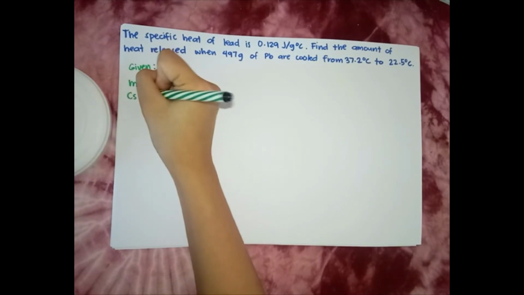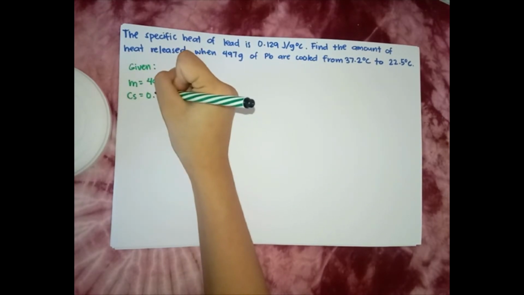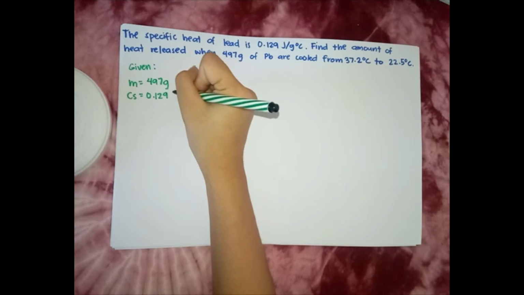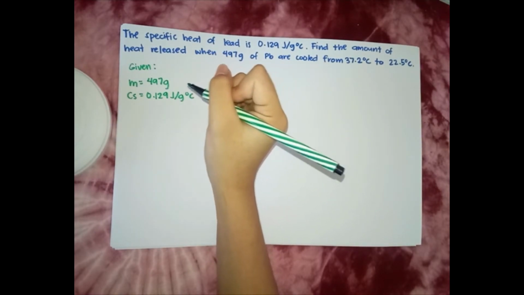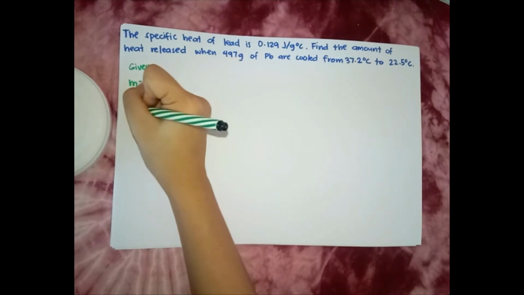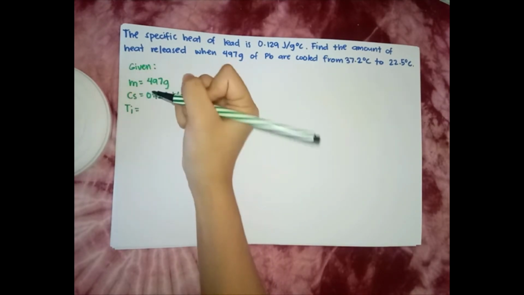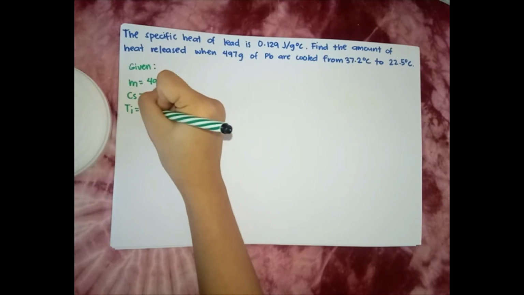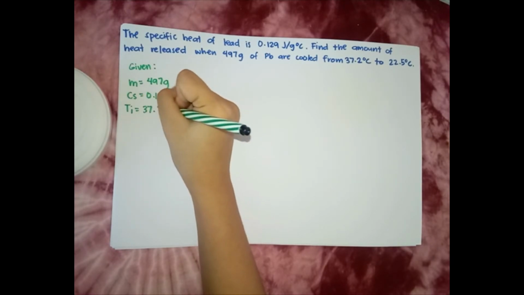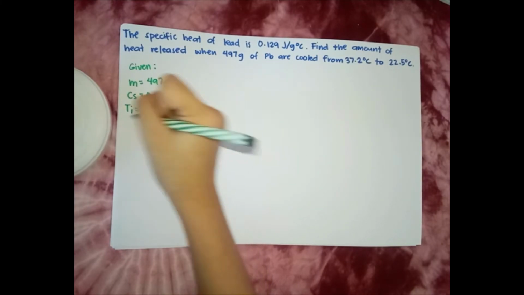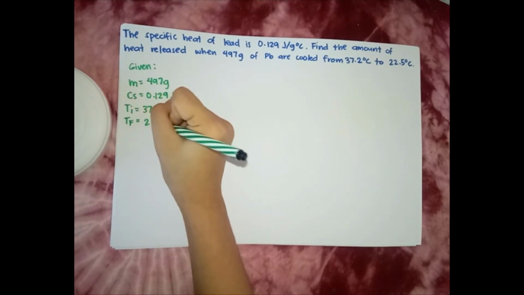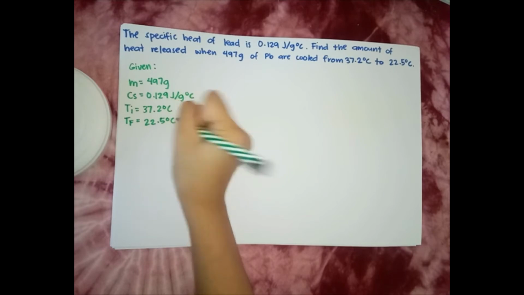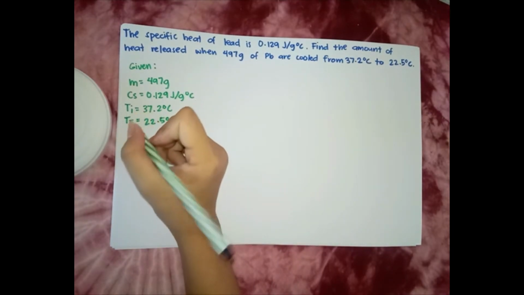and we have here the specific heat, which is 0.129 joules per gram per Celsius, and the initial temperature, which is 37.2 degrees Celsius, and the final temperature, which is 22.5 degrees Celsius.